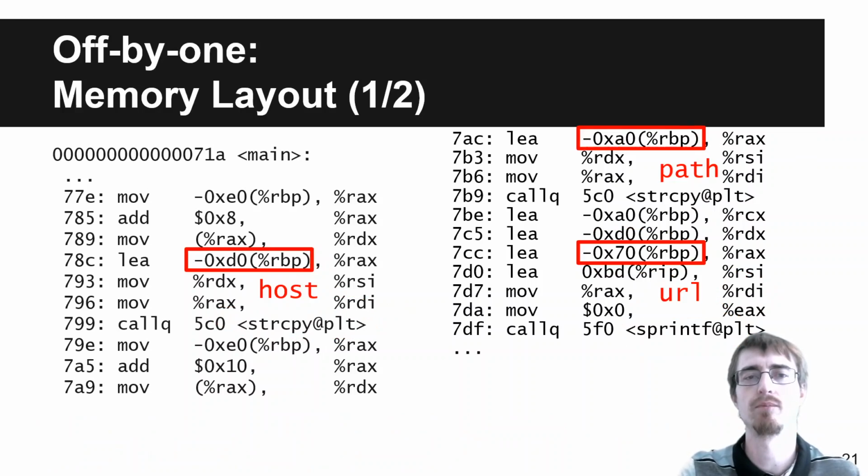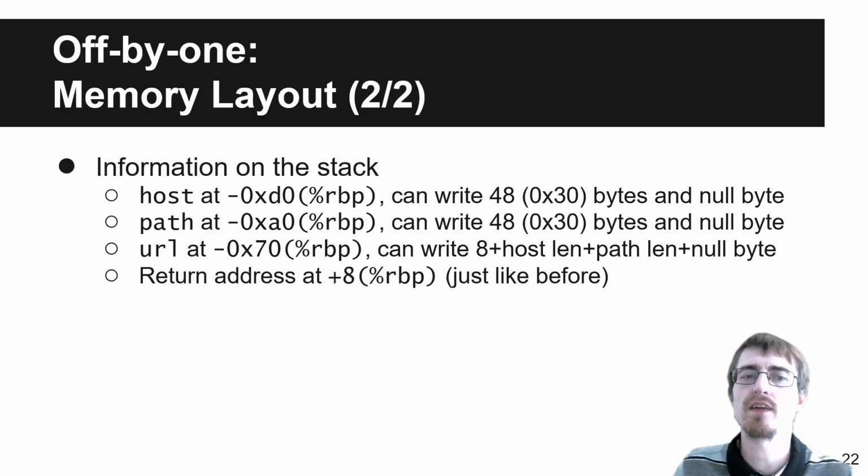So let's do that. Right here we have the variables that we derived. This is what we found out so far. We now know the location of the buffers, and we also know how much we can write into them. So the host and path buffers, we can both write 48 characters of actual content followed by a null byte.